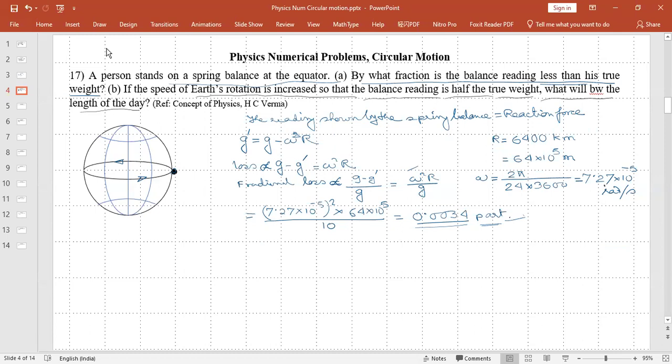Now, this was part A actually. In part B, g dash is given as g by 2.